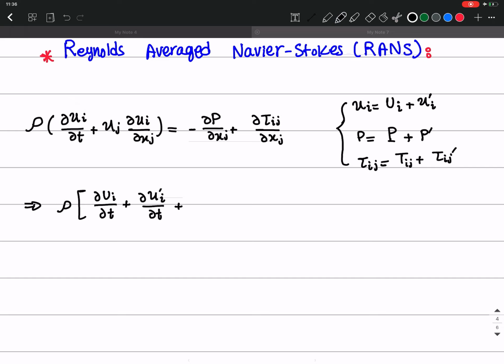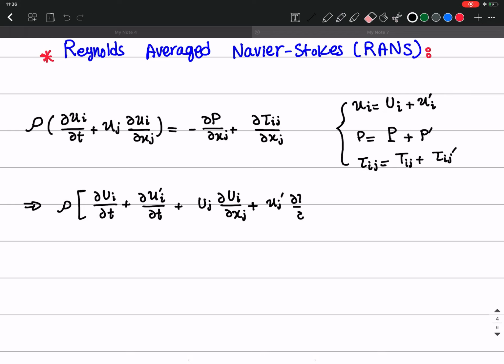And then the second term is going to be plus... we have a lot of terms there, so let's look at that. The first one is going to be uj partial ui over partial xj. Then the second term is going to be uj prime partial ui prime over partial xj.